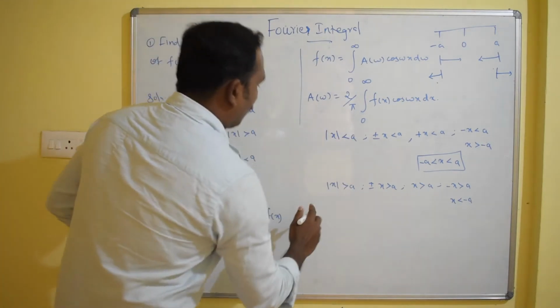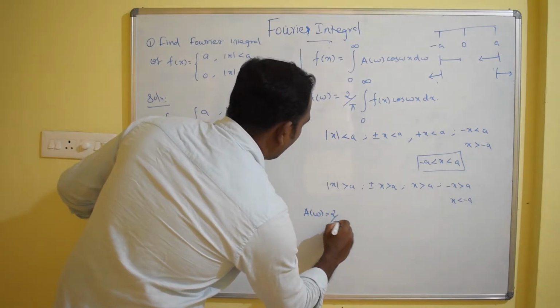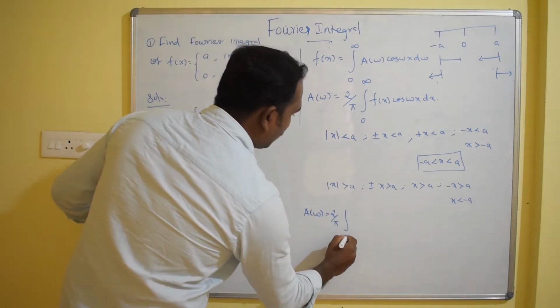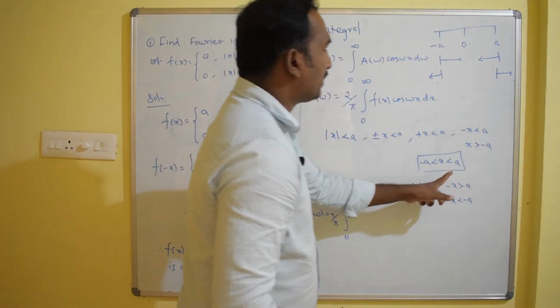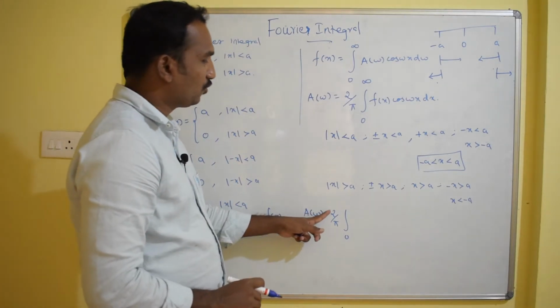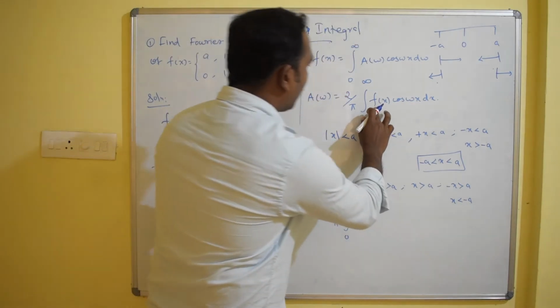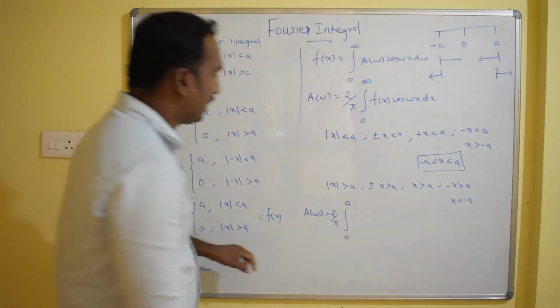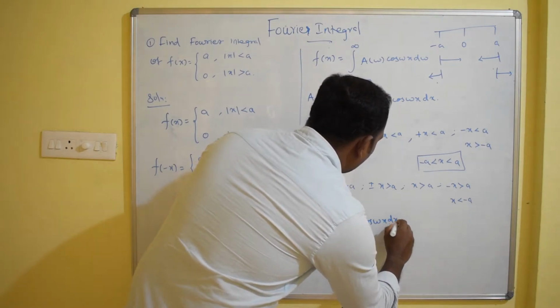What is a of omega? a of omega is equal to 2 by pi times the integral, and the limit is minus a to plus a. Using the properties of integration, we convert it into twice the integral from 0 to a. What is f of x here? It is a, so a into cos omega x into dx.